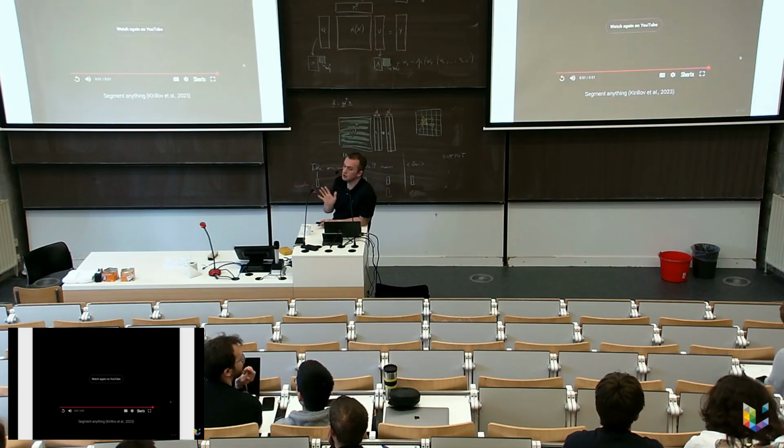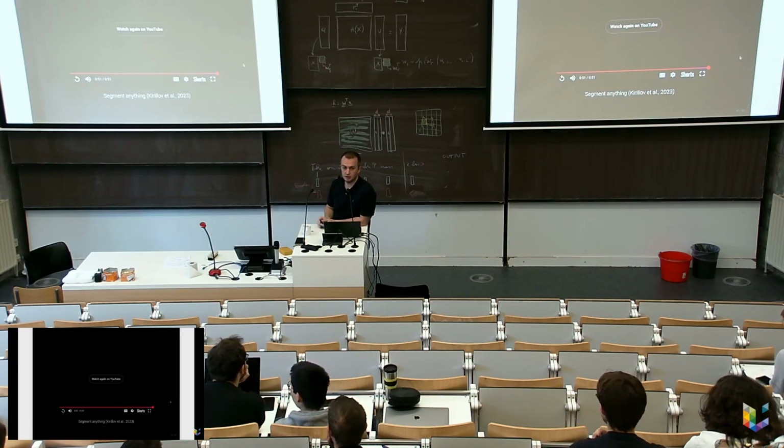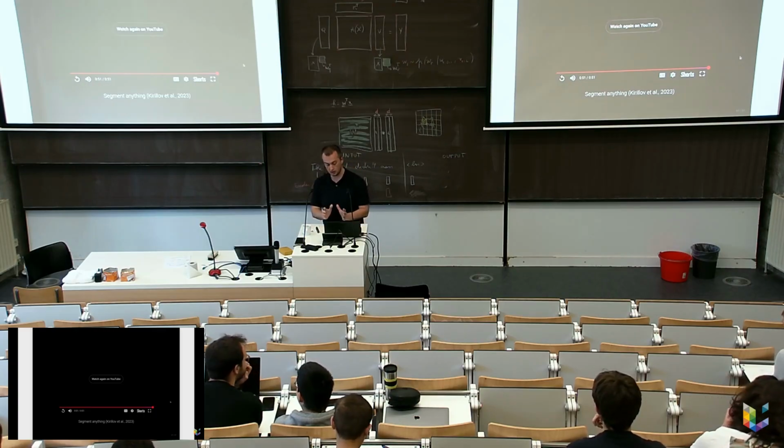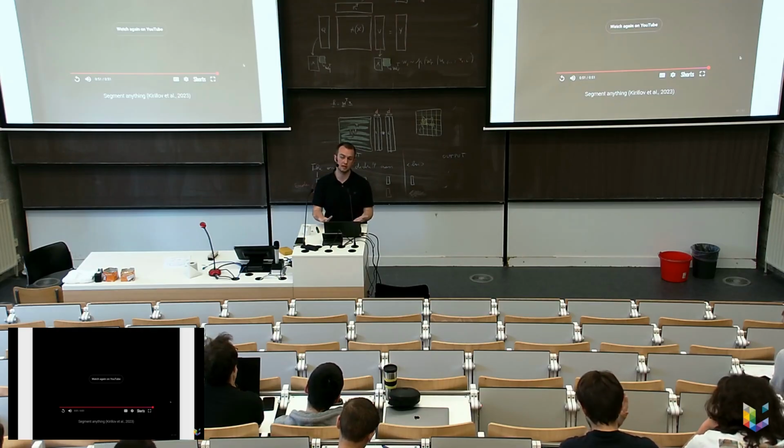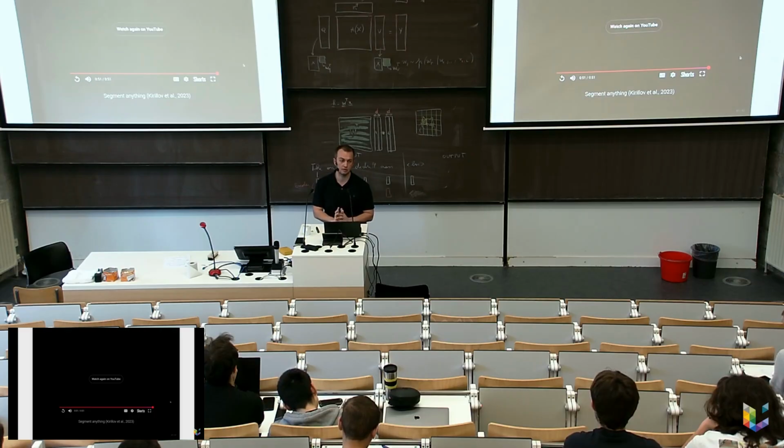Okay, so this is actually an old network from two years ago. Since then, they've released Segment Anything 2, which is even more incredible. But basically, the change of mindset that you should have is that if you can express the task as tokens, then you're good to go to solve anything.